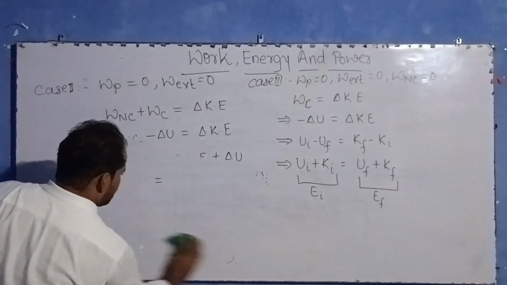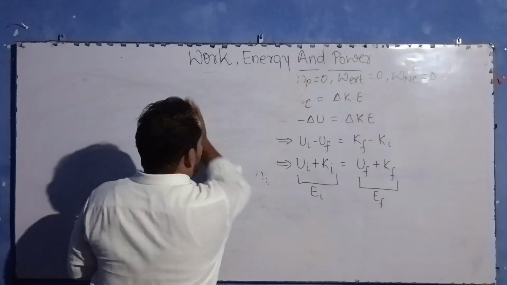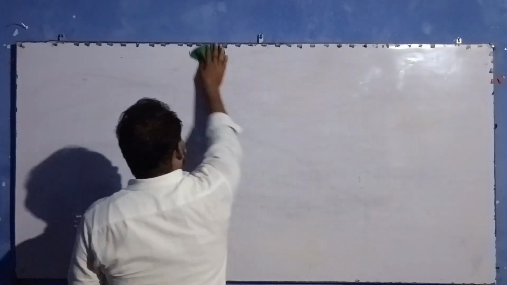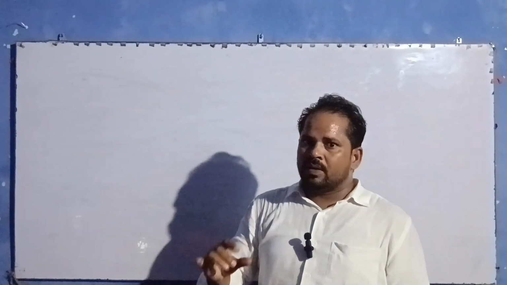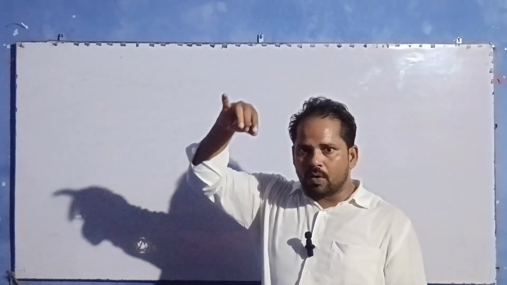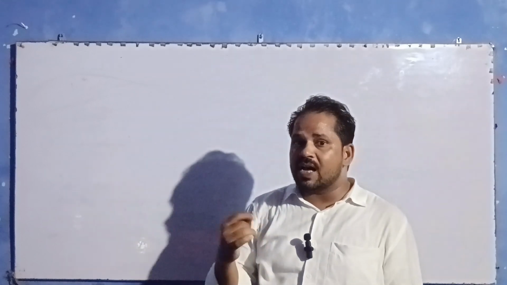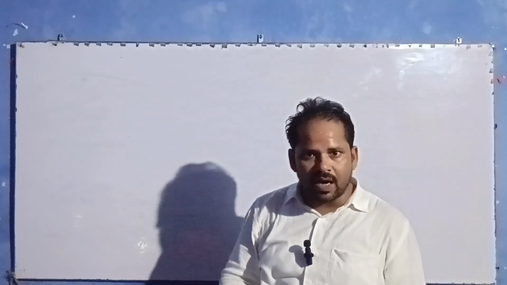Suppose we are given a situation in which a ball is dropped from a height h and it strikes the ground. We are asked what is the velocity with which the ball hits the ground.